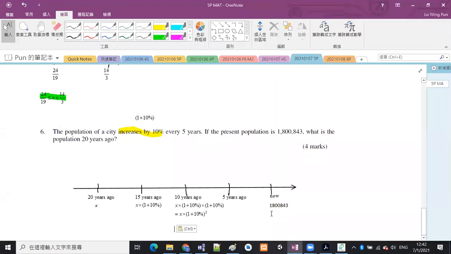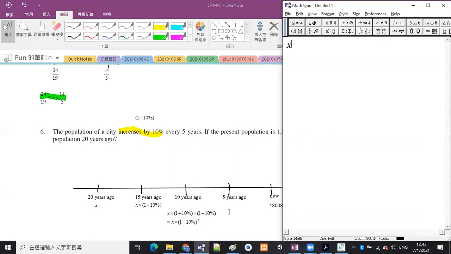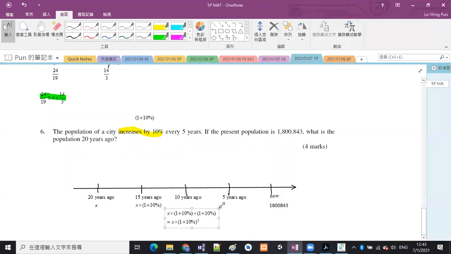Okay, so this should be 10 years ago. Can you get this? How about 5 years ago? Going another 5 years from the 10 years ago number, we multiply by another 1 plus 10%. So that should be x times 1 plus 10% to the power of 3. Okay, so it should be here. Can you get this? Another 5 years to reach now, we multiply by 1 plus 10% once more.